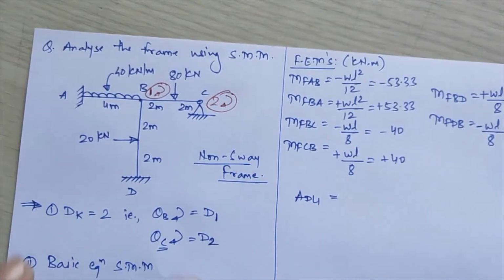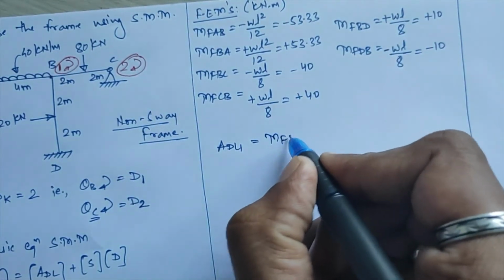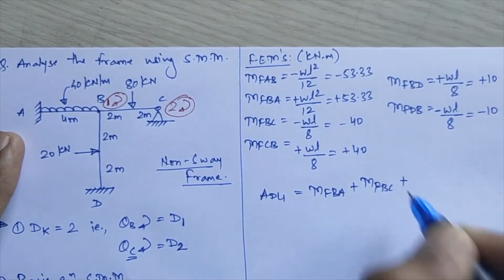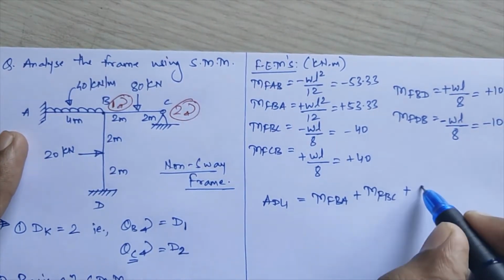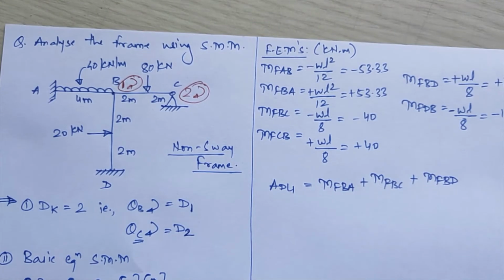So ADL1 will be your summation of all the fixed end moments coming at your joint B. So that will be for MFBA plus MFBC plus MFBD. Okay, up to now only for 2 members we have seen. Here we are having 3 members at a particular joint. So here your 3 values will be seen over there.